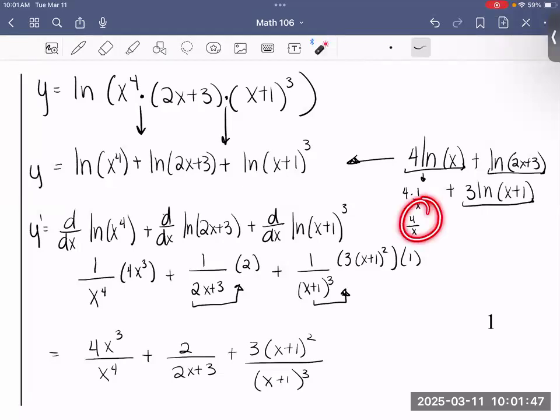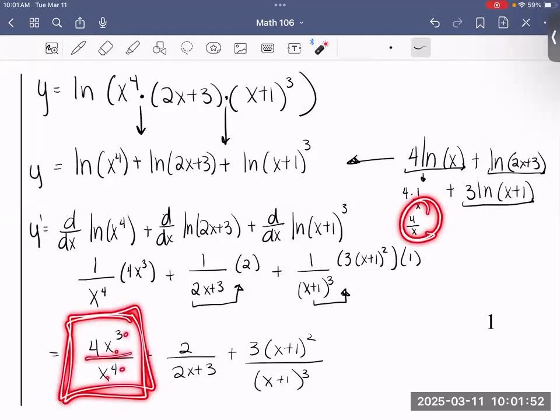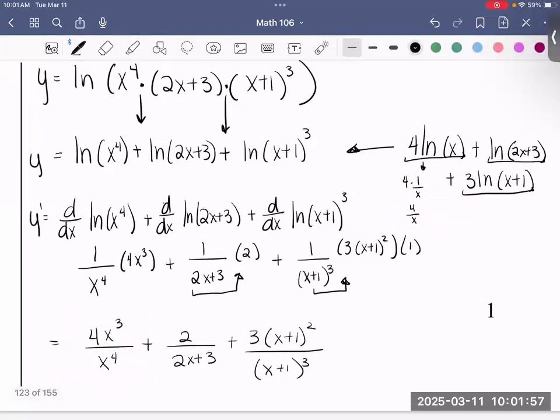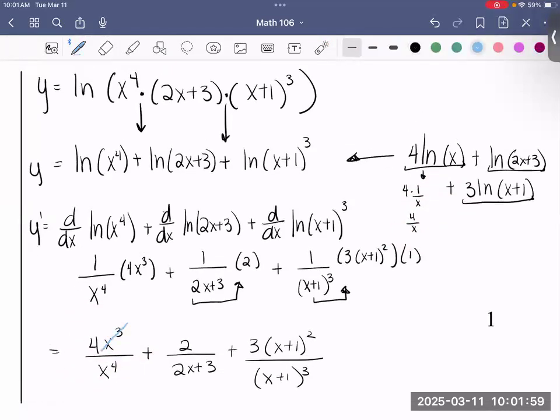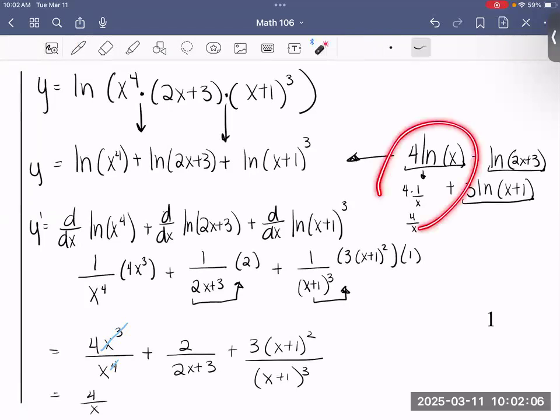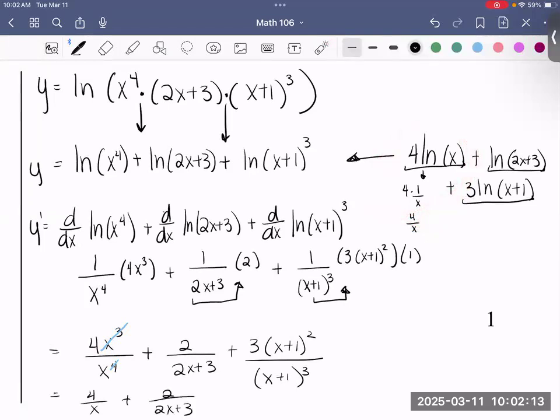So how does 4 over x, if we have 4x cubed over x to the 4th, if we know that this is supposedly the same thing, notice that when you simplify, this becomes 4 over x, just like if you were to extend some of those property knowledges. The other one, we don't get to simplify much. No, those 2's don't cancel like that. Now, if we were to simplify it one more time, notice that we're canceling kind of 1 for 1.